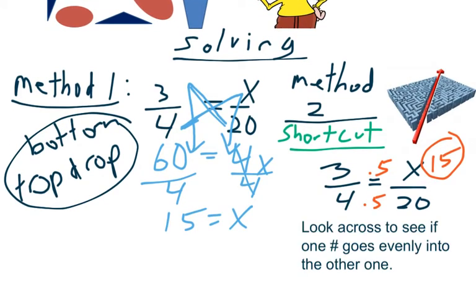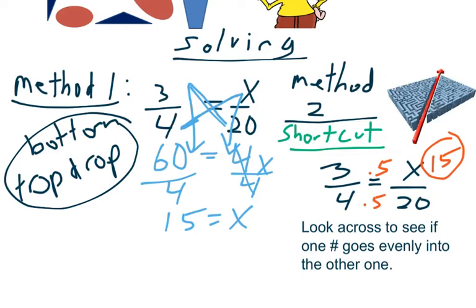So again, we just look straight across to see if one number goes evenly into the other number. And this also works using division too. We could have said 20 divided by 5 gives us 4.